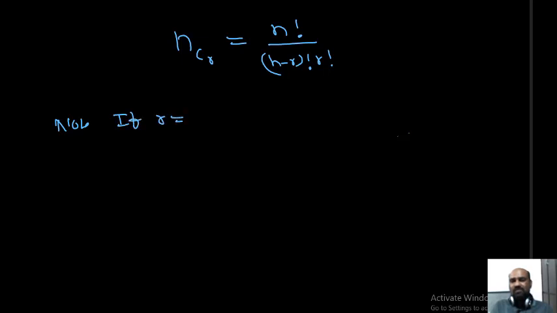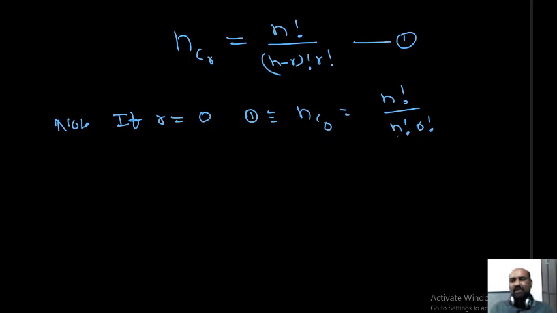Students, nCr equals n factorial by (n minus r) factorial into r factorial. Note, if r equals 0, what happens? So nC0 equals n factorial by n factorial into 0 factorial.